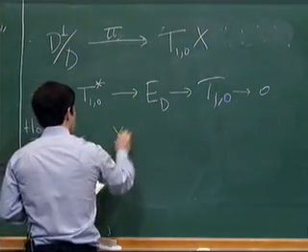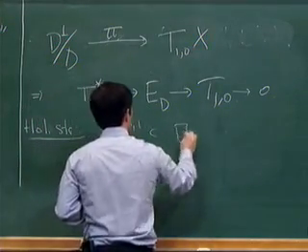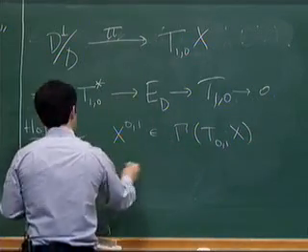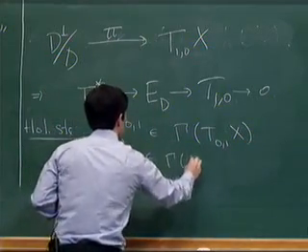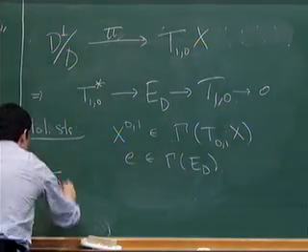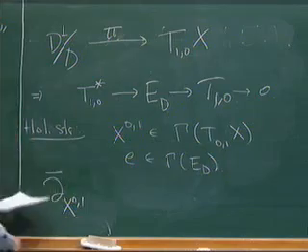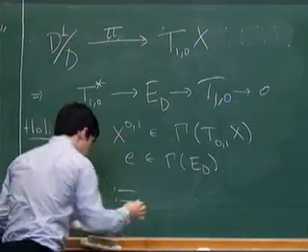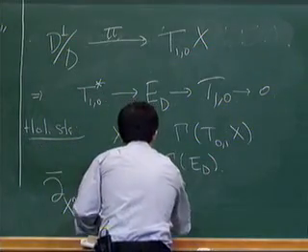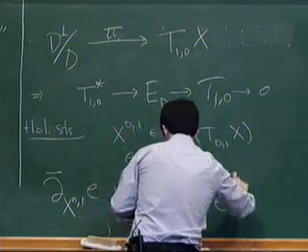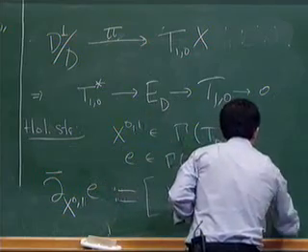If x01 is a section of T01x, and E is a section of this ED, then we define D bar. So in order to differentiate the section E, we define it to be just the bracket of x01 with a lift of E modulo D.